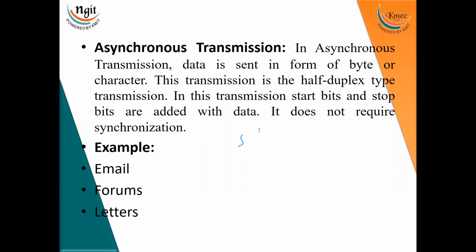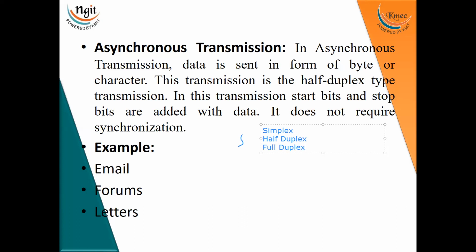The different types of transmission are simplex transmission, half duplex transmission, and full duplex transmission. What is meant by simplex transmission? It is a one-way medium of transmission. What is meant by half duplex transmission?